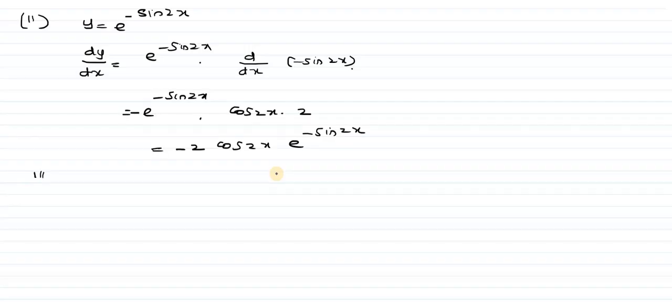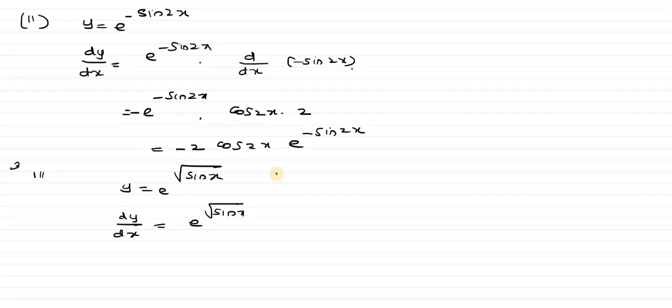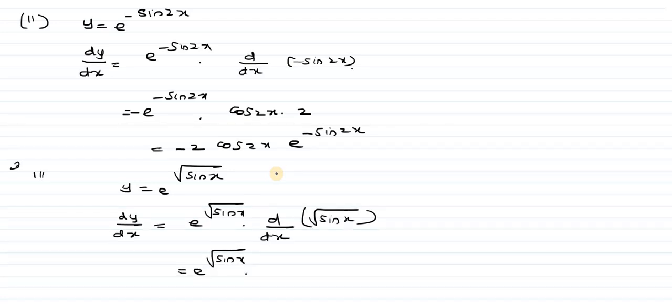Next, third one, third sum: y equal to e power under root sin x. Same method. dy by dx will be equal to e power under root sin x into d by dx of under root sin x. Differentiation of the power, the power is 1 by 2, so 1 by 2 sin x to the power half minus 1.